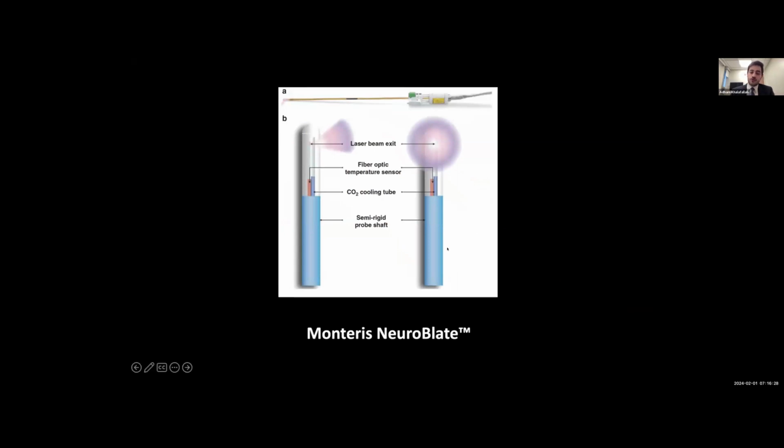And we have been fortunate enough to do our first case using the Monteris a couple of weeks ago. So the Monteris has 2 different laser probes. So it has the side fire and the full fire. And this is where the laser fiber would exit. And then this is the temperature sensor, and this is the CO2 cooling tube, as I mentioned, given that there's a CO2 cooling device outside.